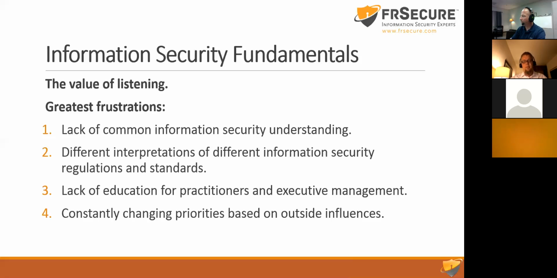There are different interpretations. As an example, I might have an examiner or a regulator. So I get HIPAA, right? And it says that I need to do these things. So I interpret that these things are this, so I go and do this. The OCR, who enforces HIPAA, sends an auditor out to do an audit, and they interpret it differently than I did.